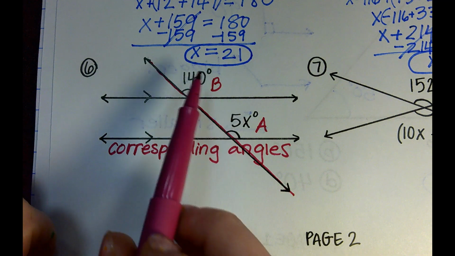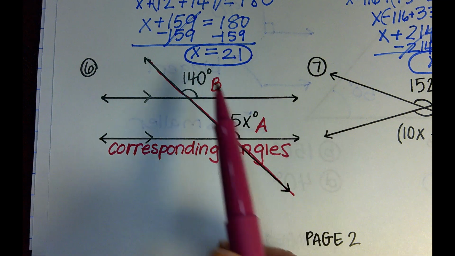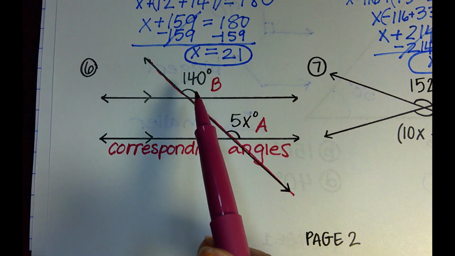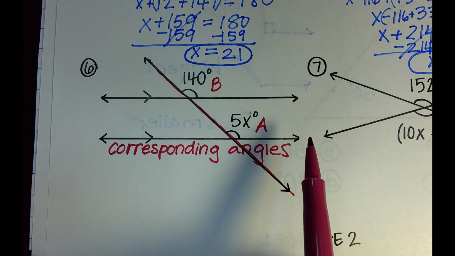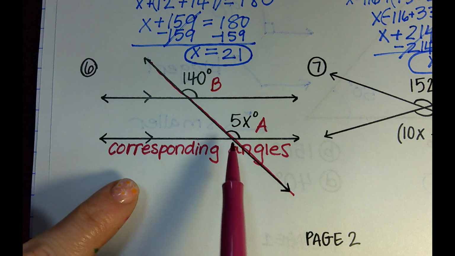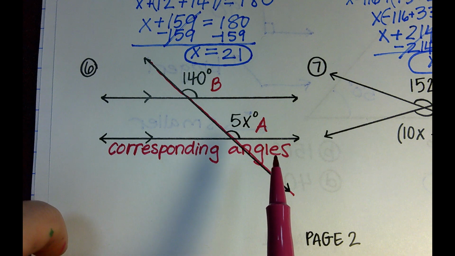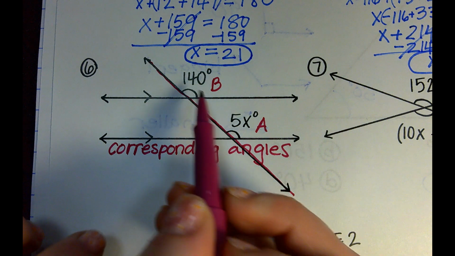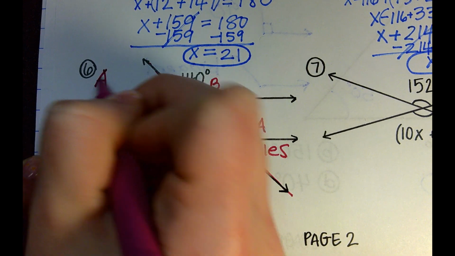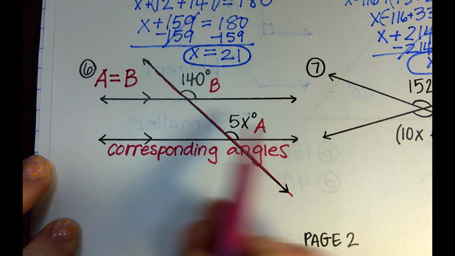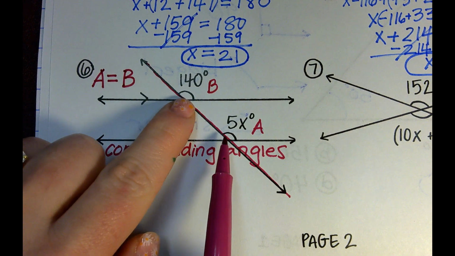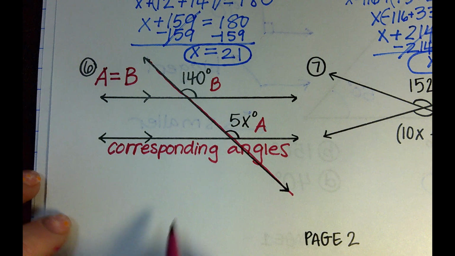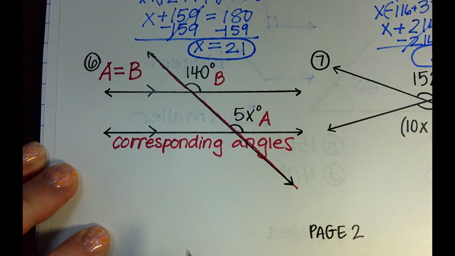We don't know what these angles are going to add up to unless we know the angle measures. Corresponding angles are equal to each other. So I'm going to write here A equals B. Remember, if angles have the same number of arcs, they're equal. They both have one arc. So we're going to write 5x equals 140.